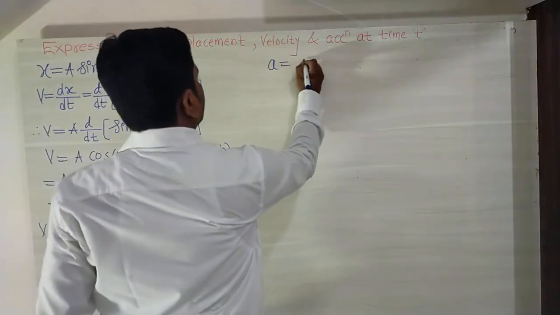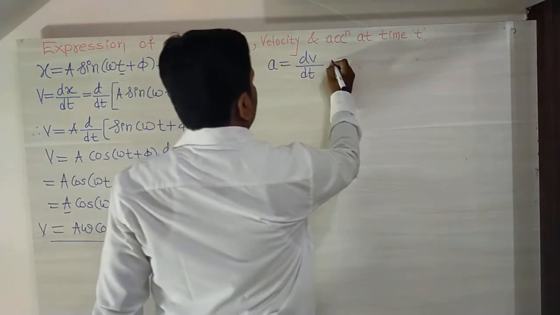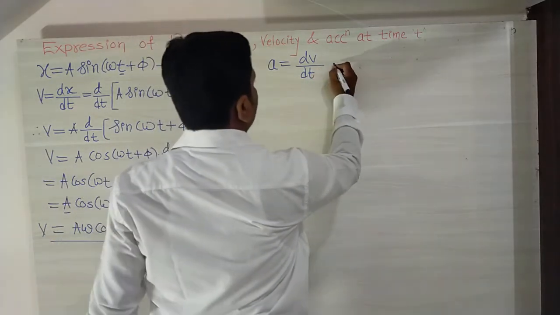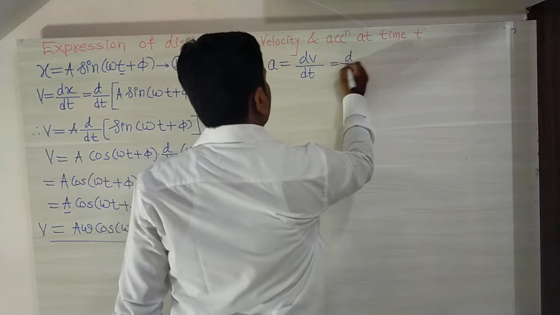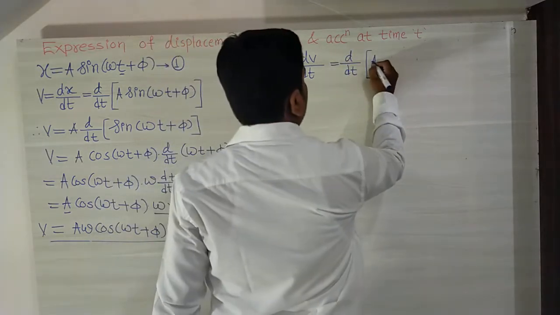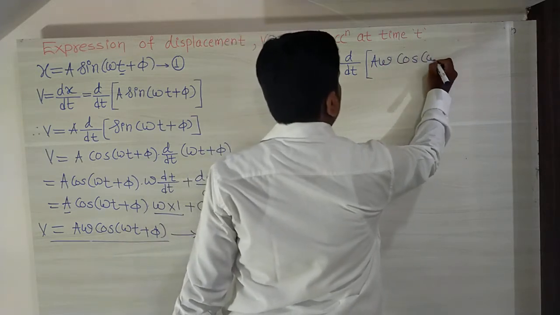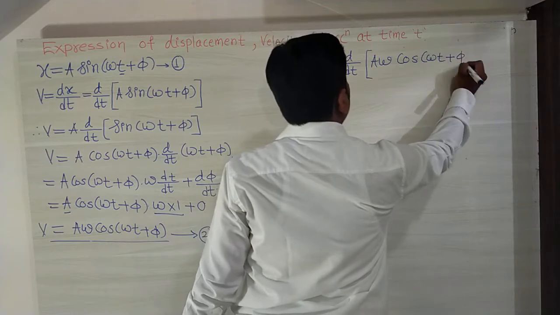So acceleration is the change in velocity with respect to time. By putting the value of v, we get d by dt of a omega cos of omega t plus phi.